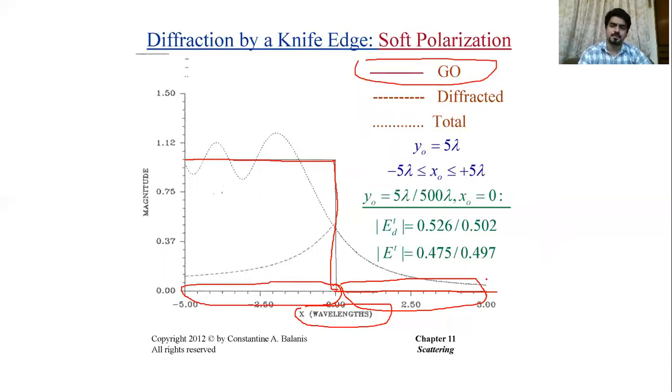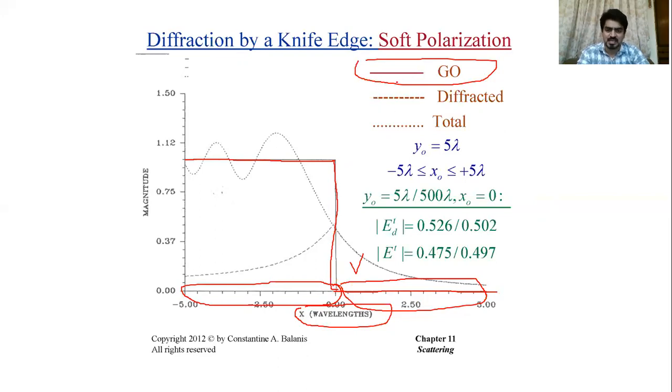In order to have continuous waves, and also because in this region we don't have any sources or current density induced, which could make your fields continuous and satisfy Maxwell's equations, since it's free space behind, in this second region, your fields have to be continuous. So in order to compensate for that, we introduce these diffracted fields.